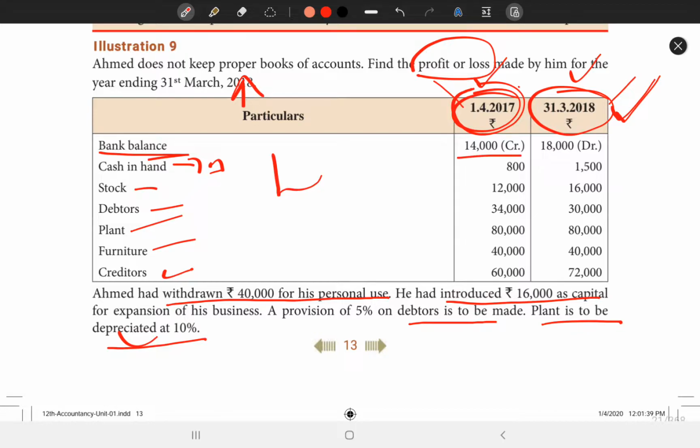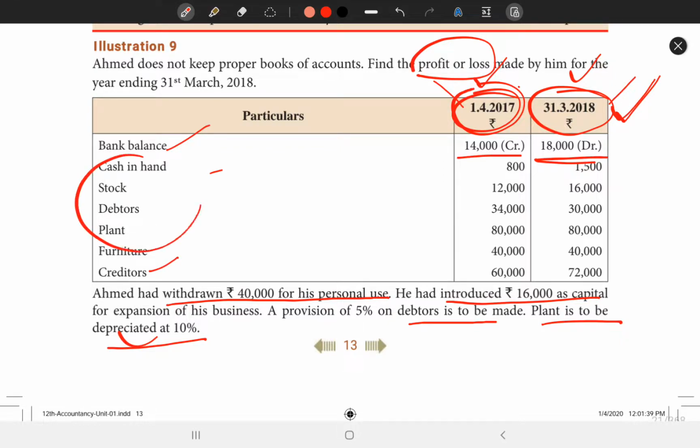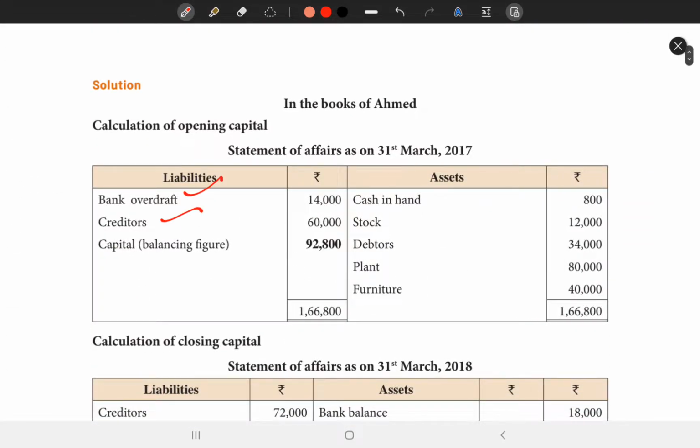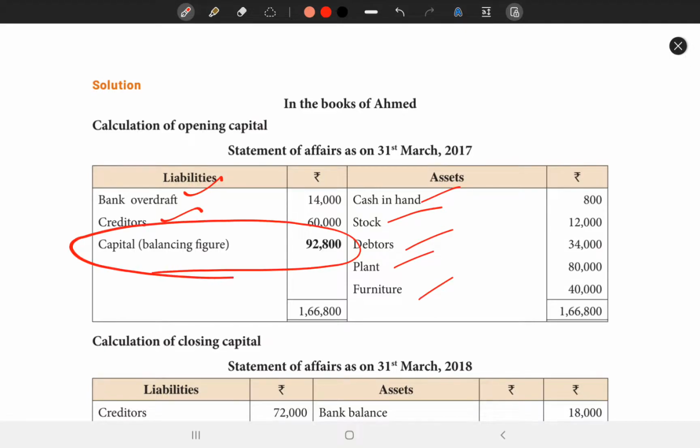Okay, this is liability and this is asset. And let's move on. So these things will be liabilities, and the others are assets, and the difference amount will be opening capital. Okay, see: bank overdraft, creditors, cash, stock, debtors, plant, furniture, and the closing figure is opening capital.